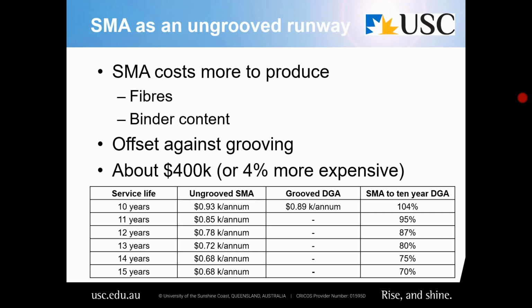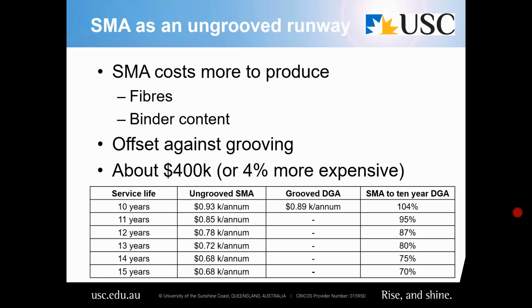On the flip side, this more expensive asphalt production cost is offset against the savings because you don't have to groove the runway. In the case of Emerald, it actually cost about $400,000 more, or about 4%, to use the ungrooved SMA.